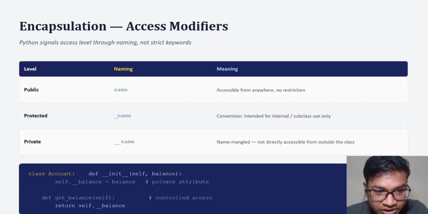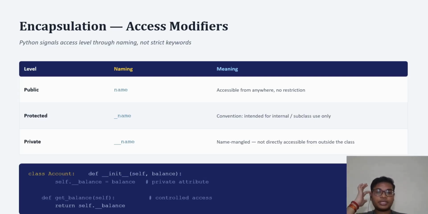Then def get_balance(self) returns self.__balance, and that is controlled access. I hope you understand public, protected and private attributes. A public attribute has no underscore and is accessible from anywhere, a protected one starts with a single underscore, and a private one starts with a double underscore. That is name mangling, and it is not accessible from outside the class. So these are the examples.